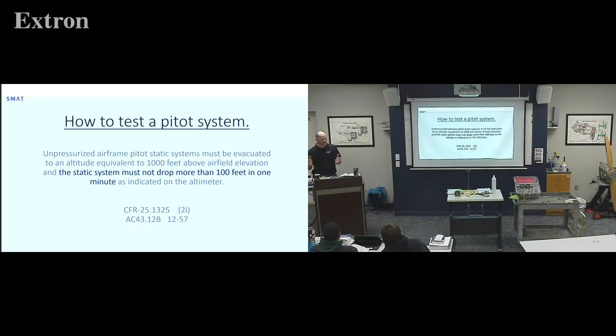On the static side, very similar. What we're gonna do is plug off if there's a separate static port on the other side of the aircraft. On the one we're using, we're gonna bring the altimeter up to 1,000 feet. And then we're gonna start a stopwatch, and we wanna go a minute, and as long as it doesn't drop 100 feet in that minute, we're reasonably leak-free.